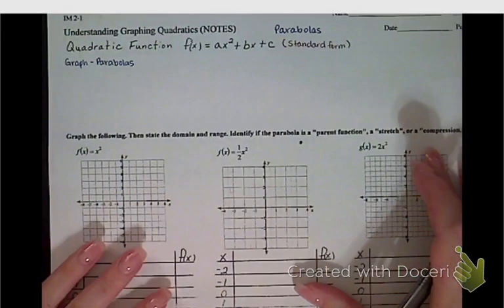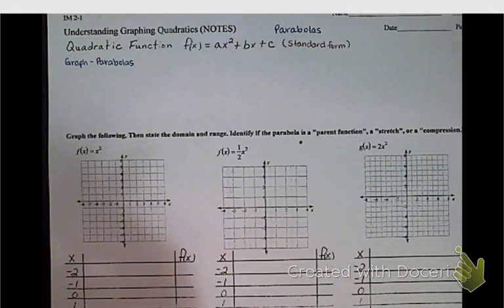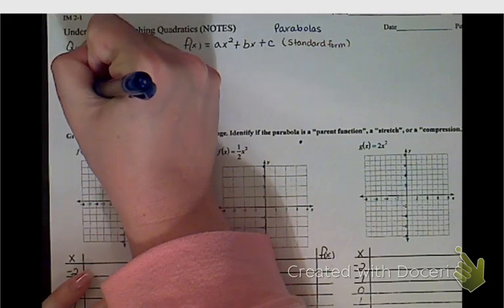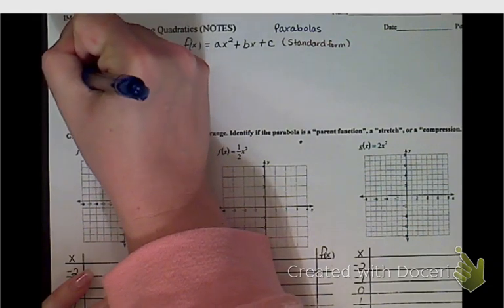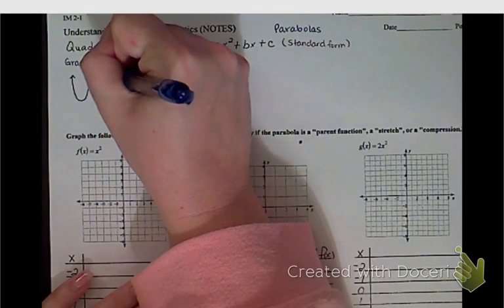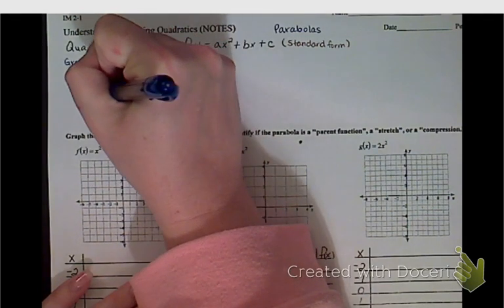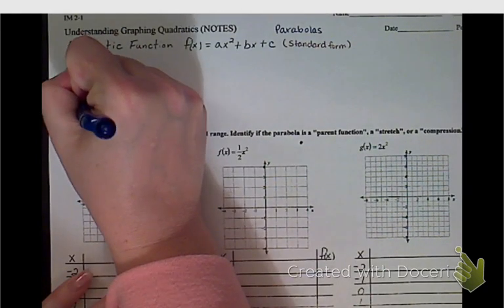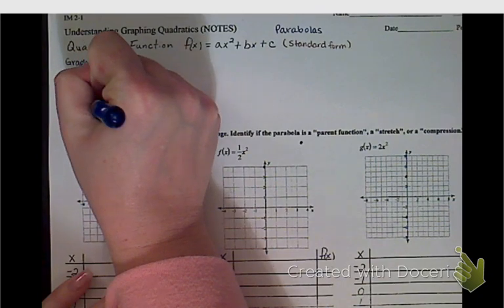And for our purposes, there's two ways that this graph is going to open. Our graph is going to open facing up, or our graph will open facing down. This is known as the orientation of the graph.